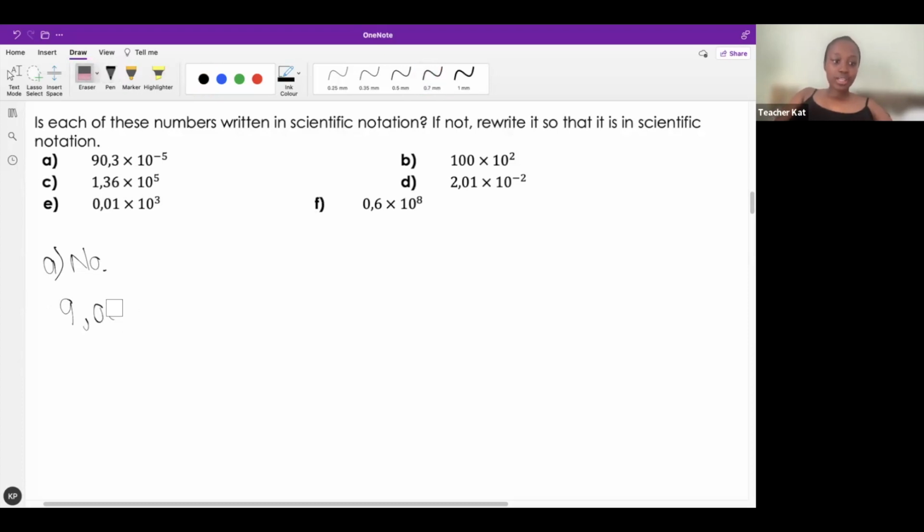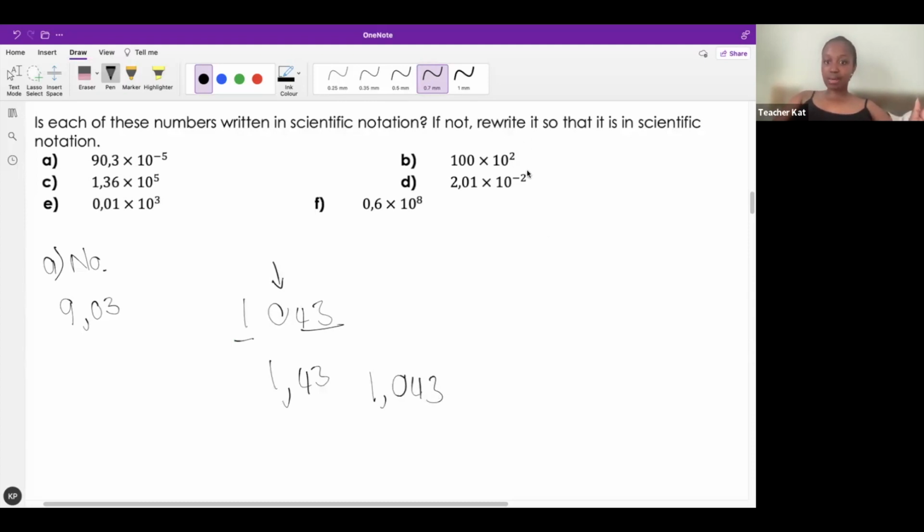I said don't write the zeros, but I meant after the number. You have to write comma 0, 3 here, because comma 3, 0 and comma 0, 3 are not the same. Are we listening, guys? If the 0 is between numbers, if I have 1, 0, 4, 3, you cannot just make this 1, comma 4, 3. This 0 is between other numbers. So you have to write 1, comma 0, 4, 3.